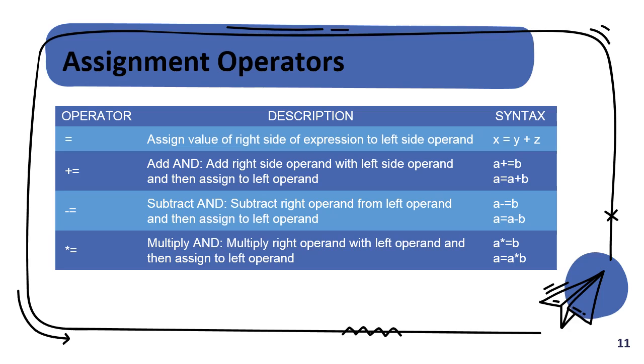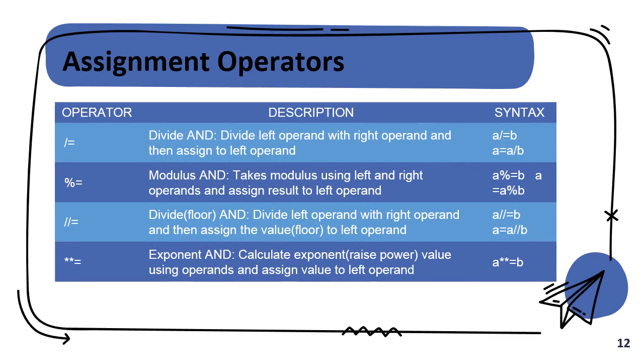A minus equal to b or a equal to a minus b, both are the same. Then multiply and, the same as the above operation: multiply the right operand with the left operand and store it in the left operand itself. A into equal to b is similar to a equal to a into b.